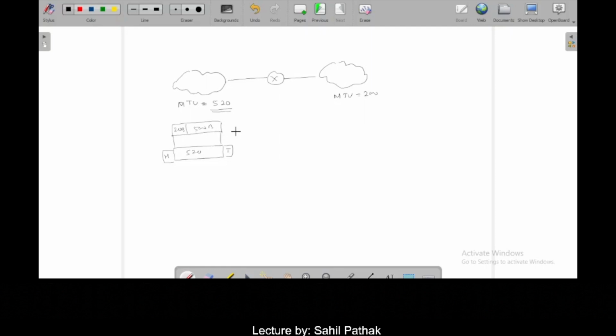Okay, now when we are going to send the datagram from this network to the router, it knows that the other network cannot receive the maximum size of 500 bytes of data, or 520 bytes of data, because it has the MTU size 200. So it is 200 byte over here.